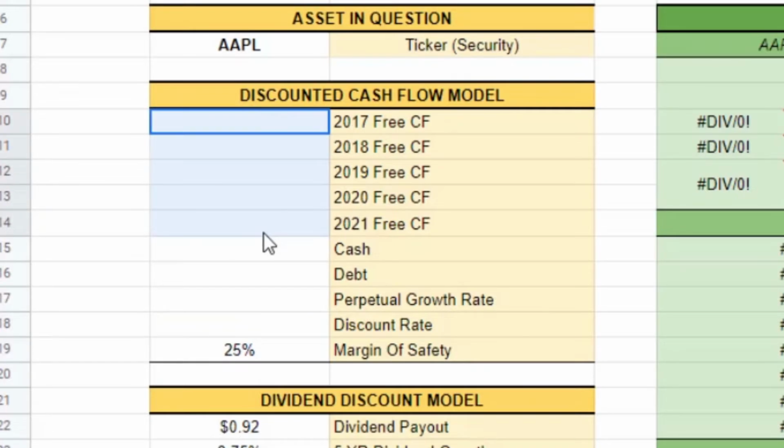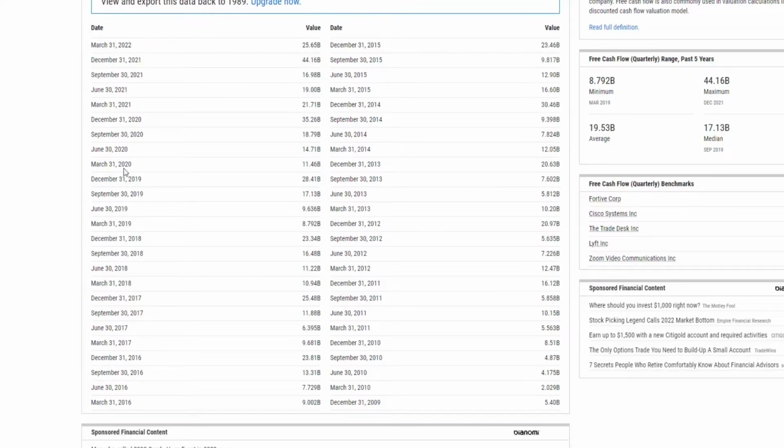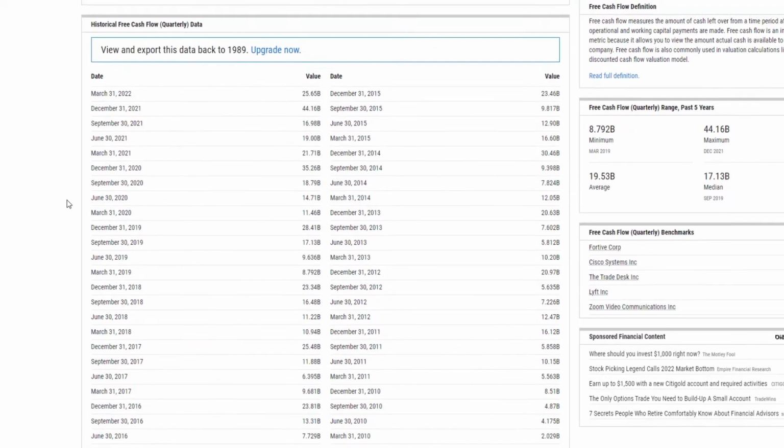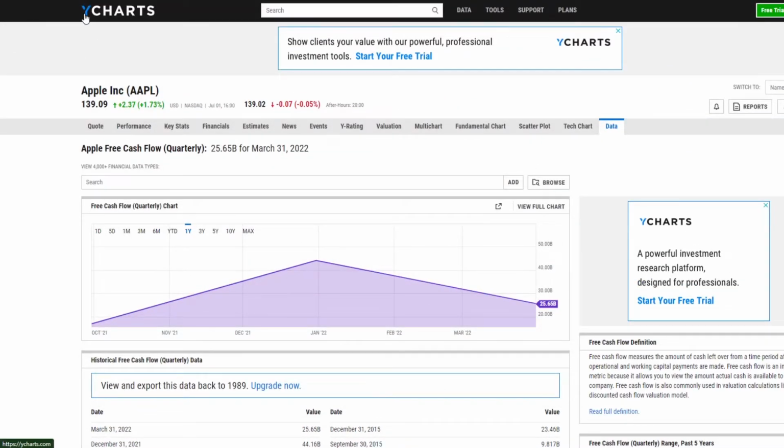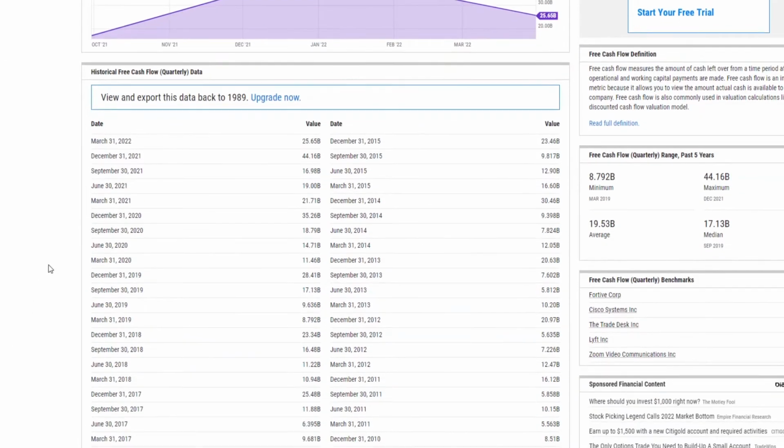To find the free cash flow numbers, you can simply type in Google what is Apple's historical cash flow numbers, and we come over to a website called YCharts, and it is the most up-to-date information I have found online for Apple.